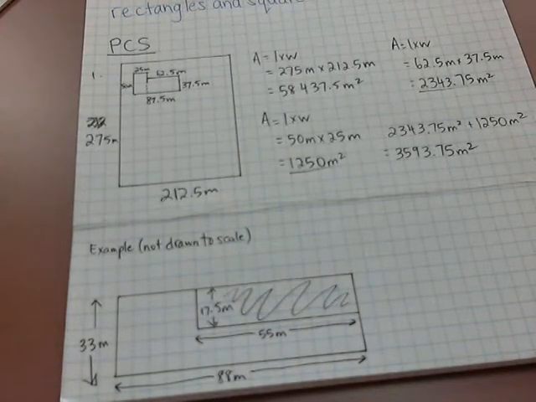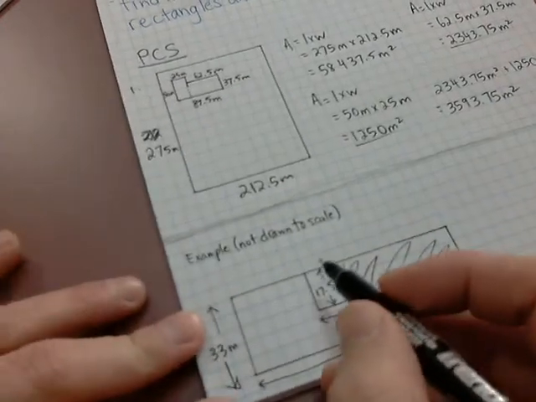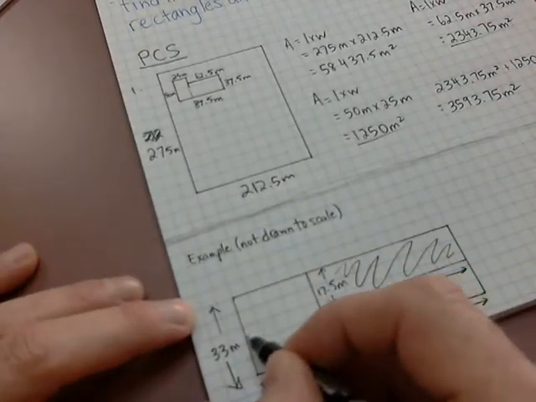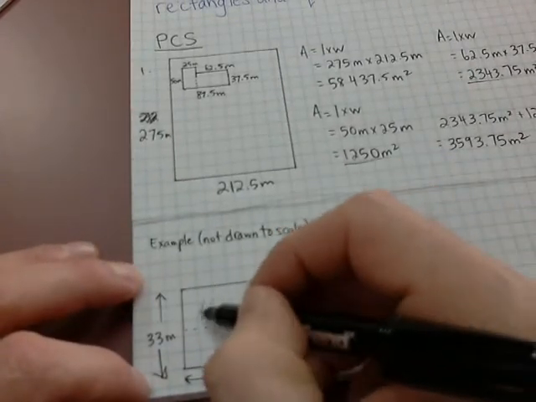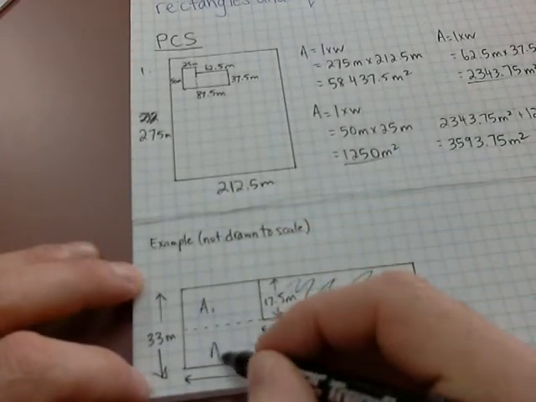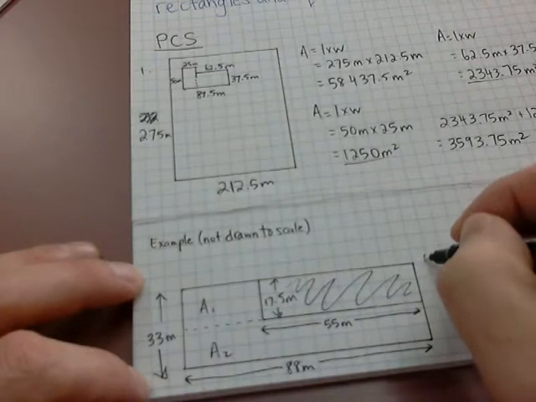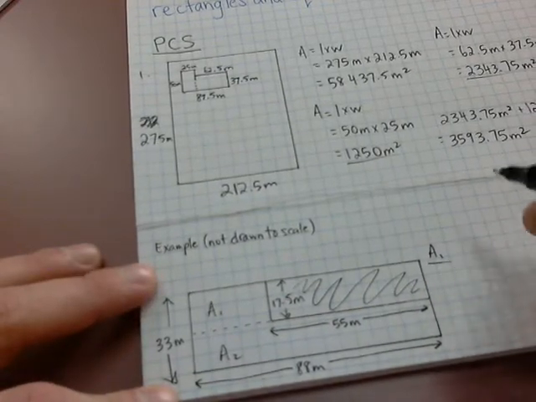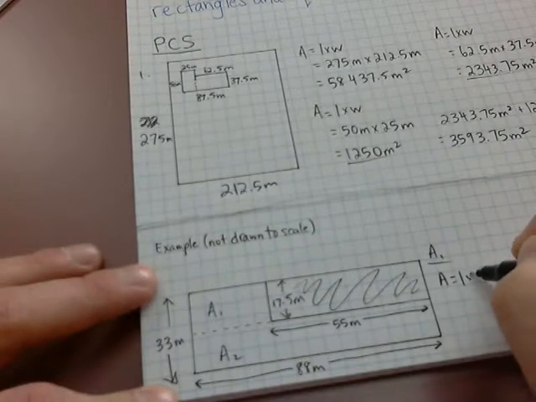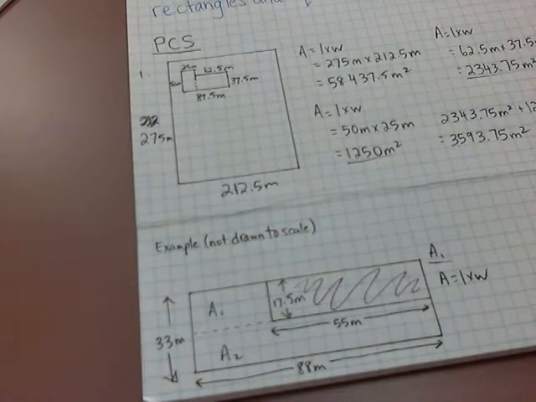In order to do that, I have to break the shape up into a couple of different parts. And what I'm choosing to do is break it up like this. So now I have rectangle A1 and rectangle A2. For rectangle A1, I use the same formula. Its area is length times width.